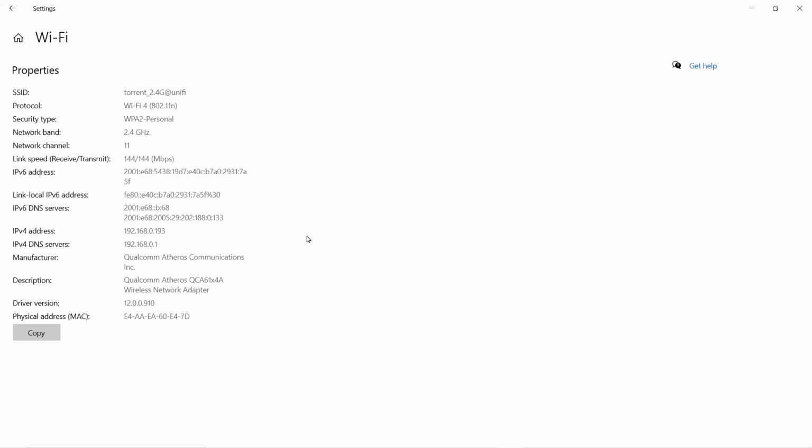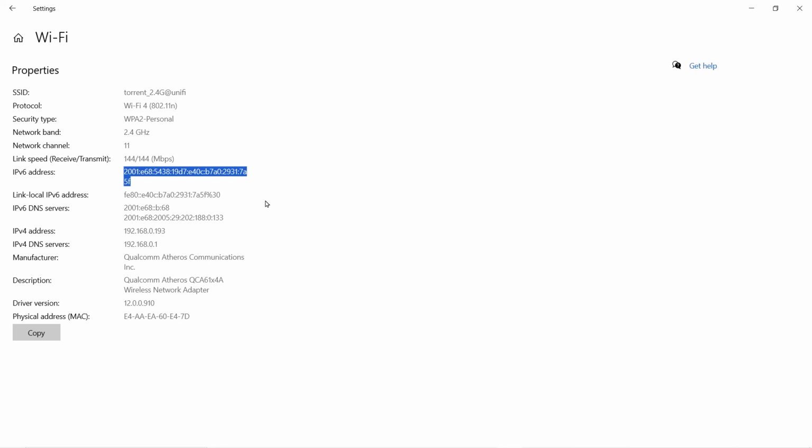In this computer, the IPv4 address is 192.168.0.193, and the IPv6 address for this computer is 2001:68:5438:19D7:B7A0:B7A0:2931:7A5F.